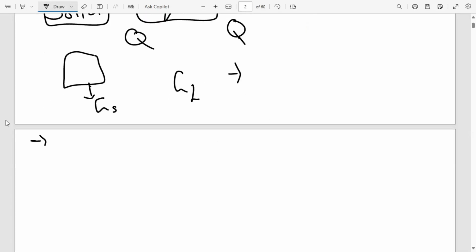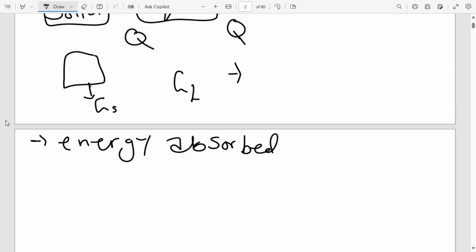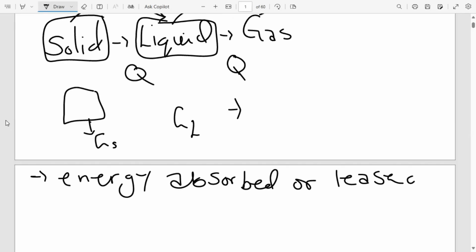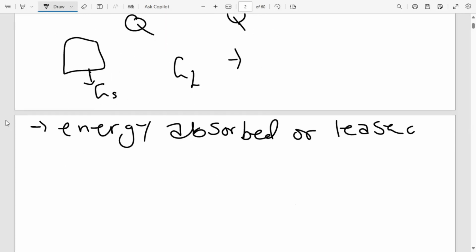We can describe latent heat as the energy absorbed or released. Remember, this is a two-way, reversible equation.